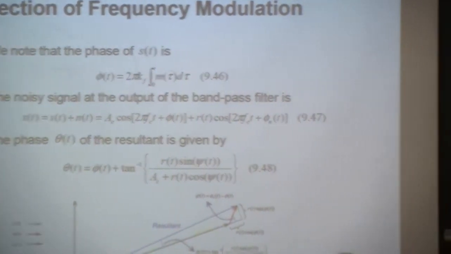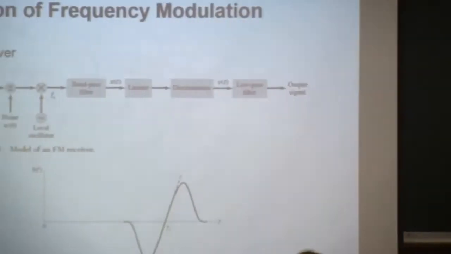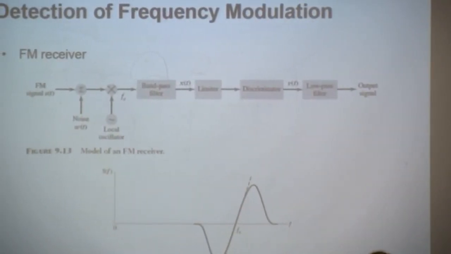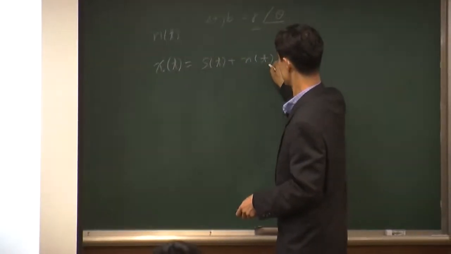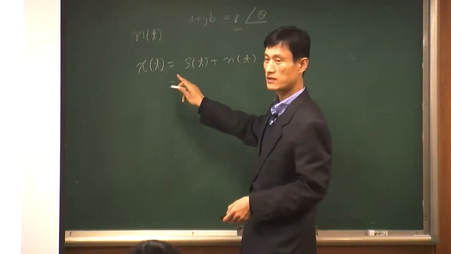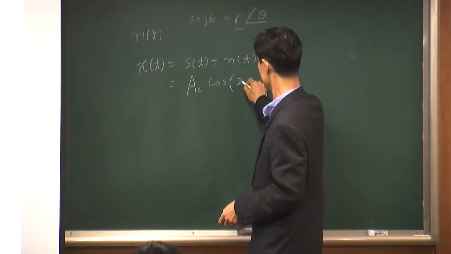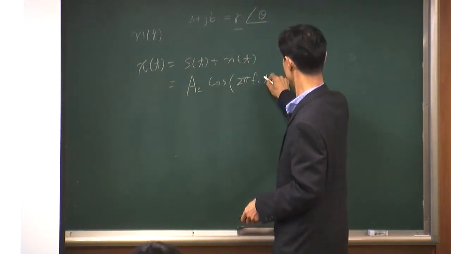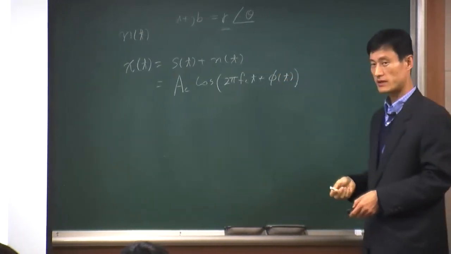So we're going to start from here, xt. So xt, we know that it's going to be st plus nt, like that. And then st, we know that it's going to be Ac cosine, let's write it this way.